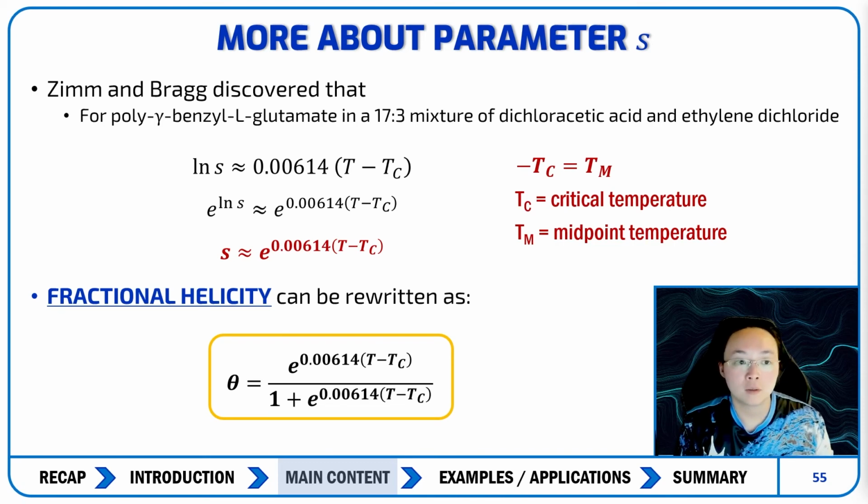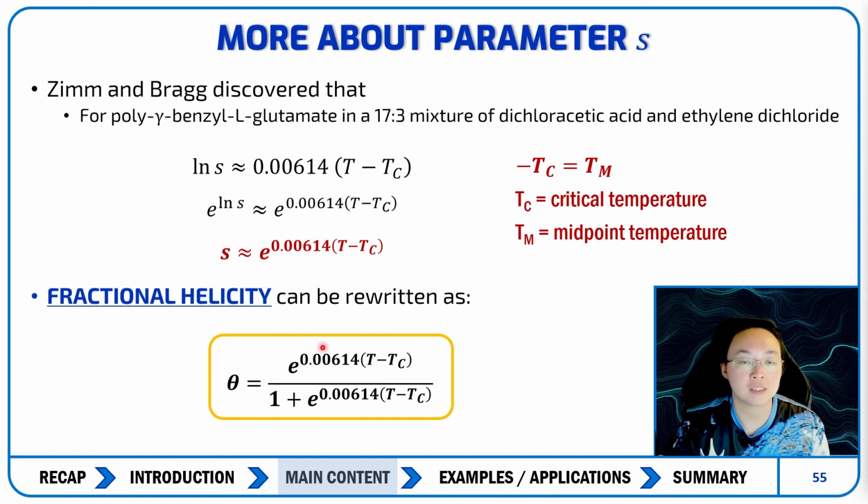Previously, Zimm and Bragg discovered that for this particular solution, the value of S was equal to e to the power of 0.00614 times (T minus Tc), where Tc is the critical temperature and Tm is the midpoint temperature. Essentially, we can now rewrite the equation for fractional helicity.